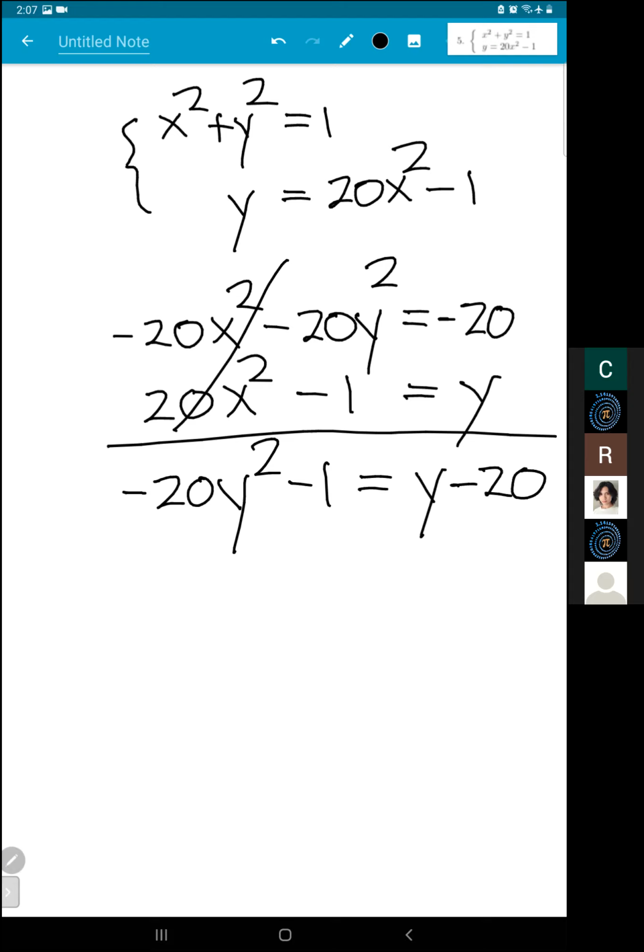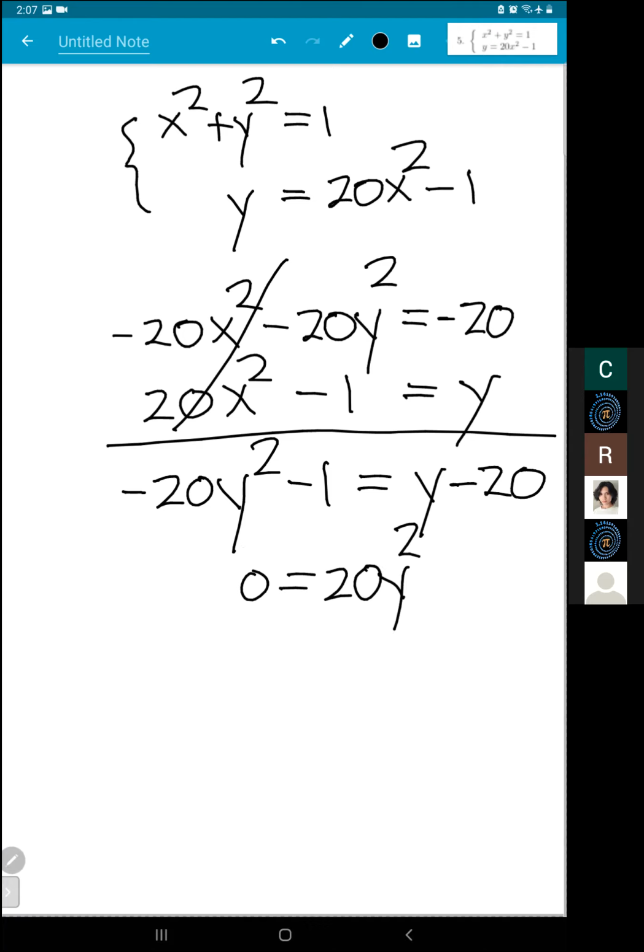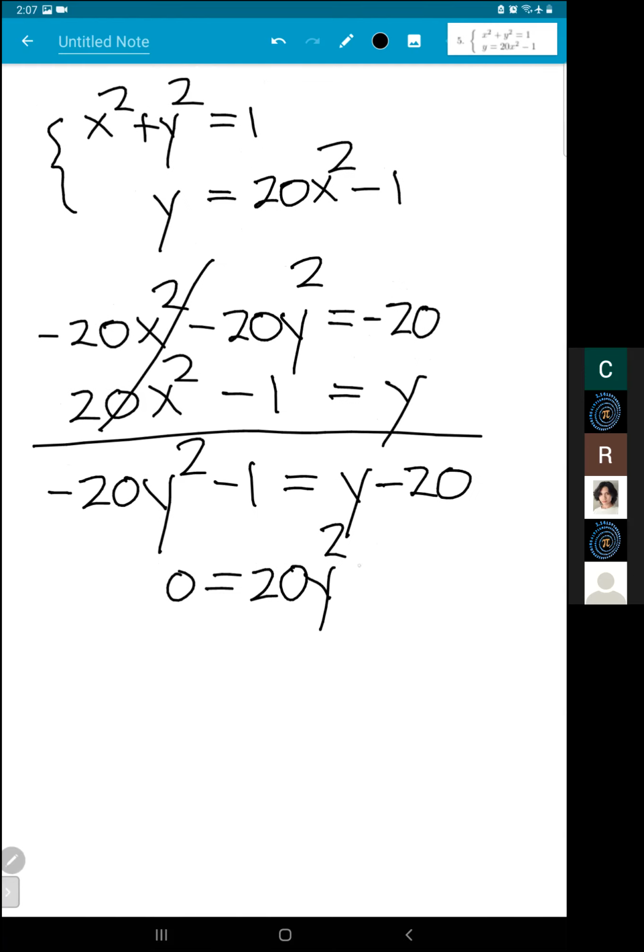Which you can solve either by factoring or by the quadratic formula if not factorable. So what we do is transpose everything on one side of the equation. So let's transpose everything on the right hand side so that the coefficient of y squared is positive. And then let's see if this one can be factored out.